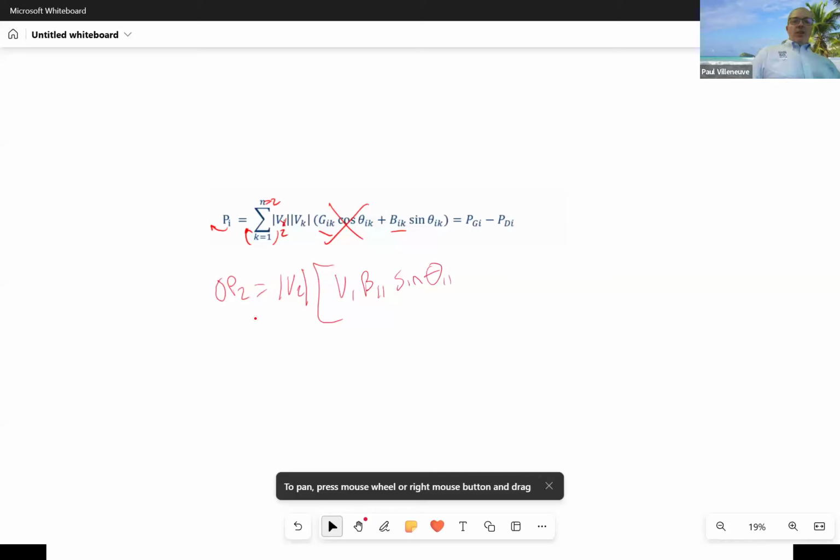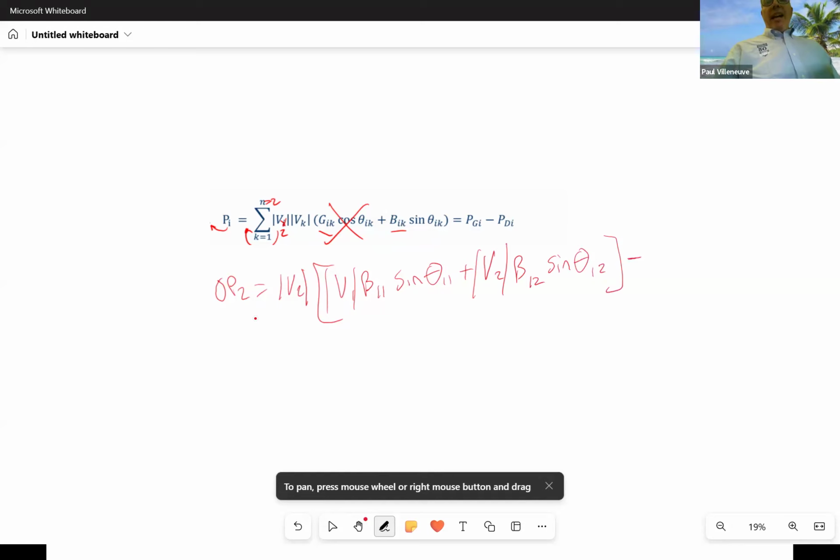Now I go K equal to 2, plus, because it's a summation, V2. I apologize for getting sloppy in notation. That's the magnitude V2, B12, right? Because it's IK, so it's 1, 2. Sine theta 1, 2.